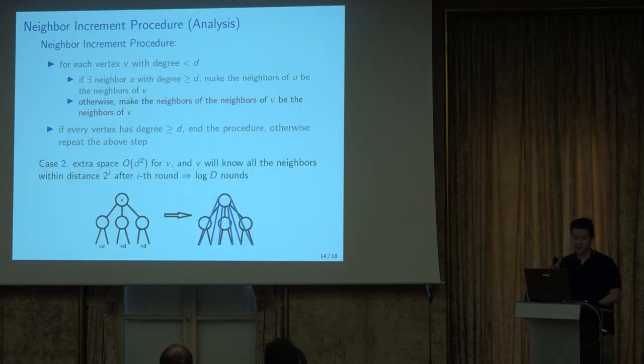In this case, the extra space induced by vertex v will be at most d squared. And after the ith round, if v is in this case, we will know all the neighbors within distance 2 to the i in the original graph. And this implies that this procedure will end in log diameter number of rounds.